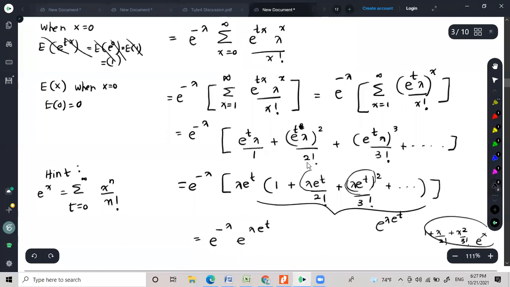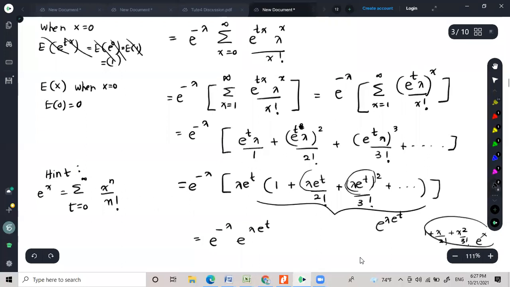So from that itself, you can get this answer. If you want, use this hint straight away without expanding all these things. If you can figure out that this whole summation is e to the x, where x is lambda e to the t, that's what you have to figure out.